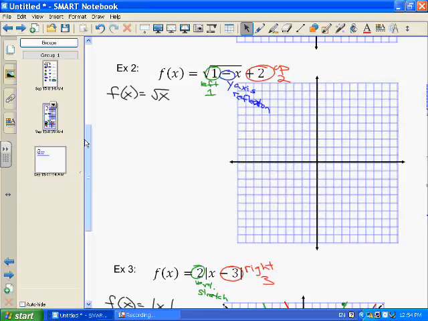Okay. So my original graph, if I plug a 1 into my original function, what would I get out? 1. If I plugged in a 4, if I plugged in a 9, okay, so we're going to get this picture.